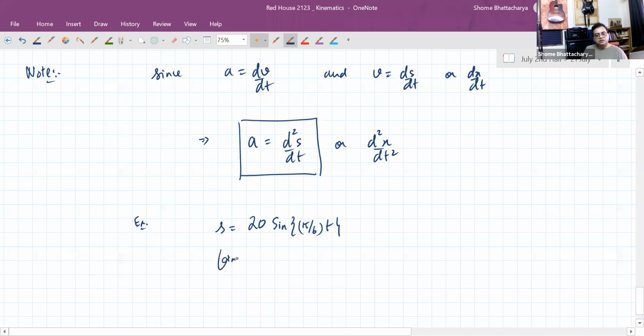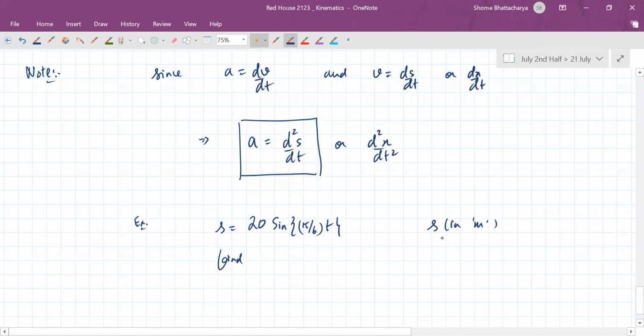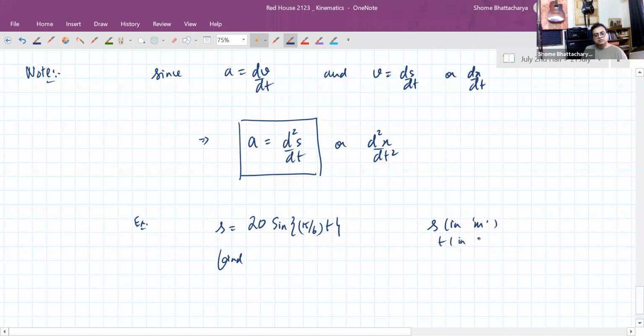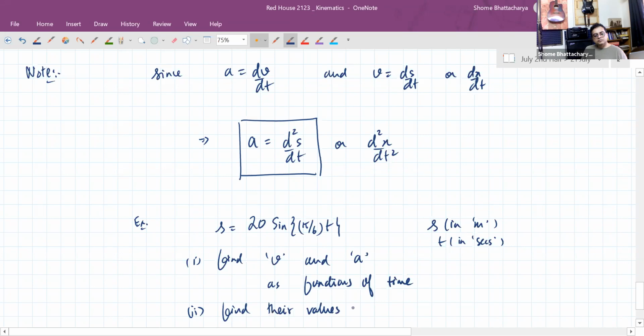Here displacement is in meters and t is in seconds. So find instantaneous velocity and instantaneous acceleration as functions of time, and then find their values. It's not displacement, this is position.